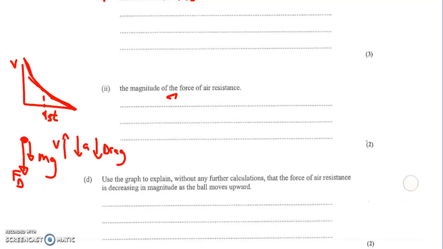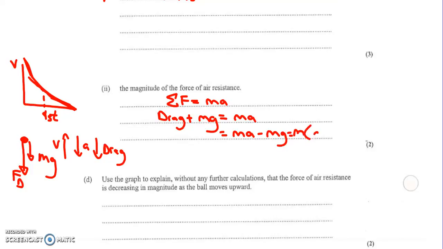If I sum my forces and set that equal to ma, I have drag plus mg, plus because they're going in the same direction, equals ma. If I subtract the mg over, I get ma minus mg, and if I pull out an m, this is m times a minus g, and that is equal to my drag force.